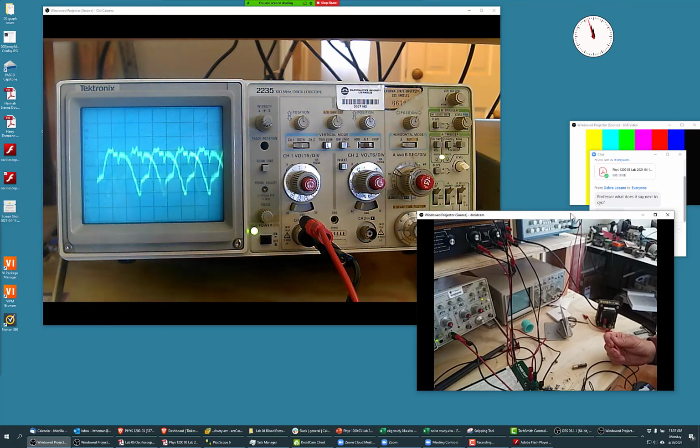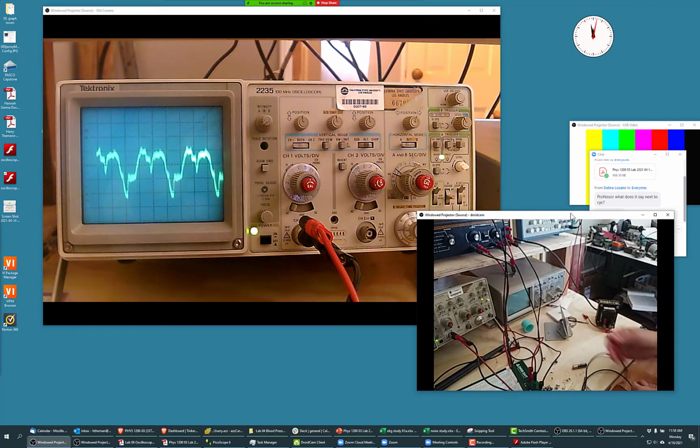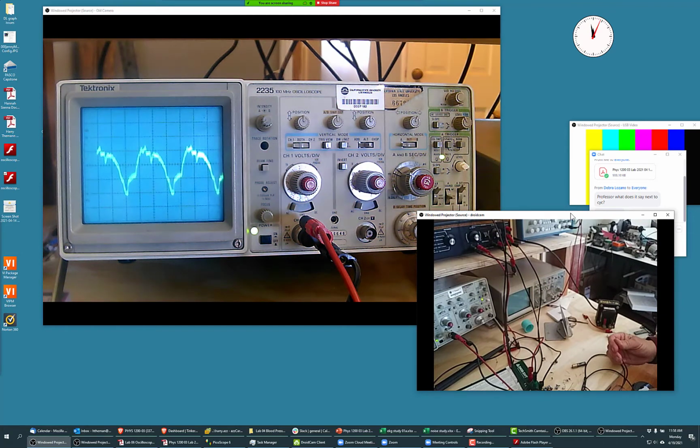Now, if I change it to line triggering, you notice that it no longer walks across the screen. It stays steady.